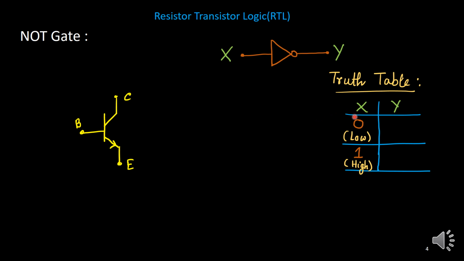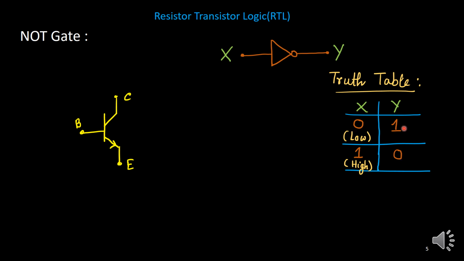X can take two logic levels, either 0 or 1. Low voltage corresponds to logic 0, and if the input voltage is high, then we'll call it logic 1. So if the input is logic 0, then the corresponding output Y is 1, and when X is 1, the output is 0.